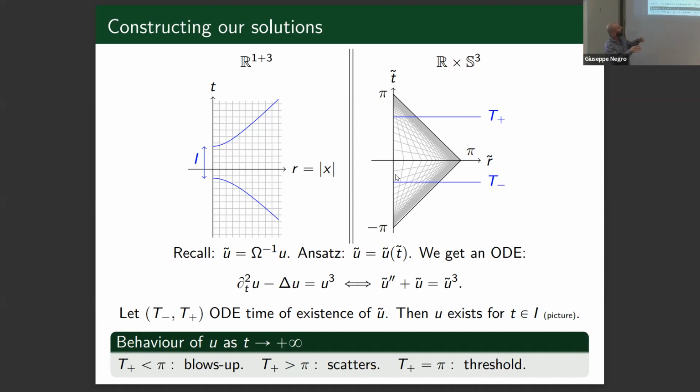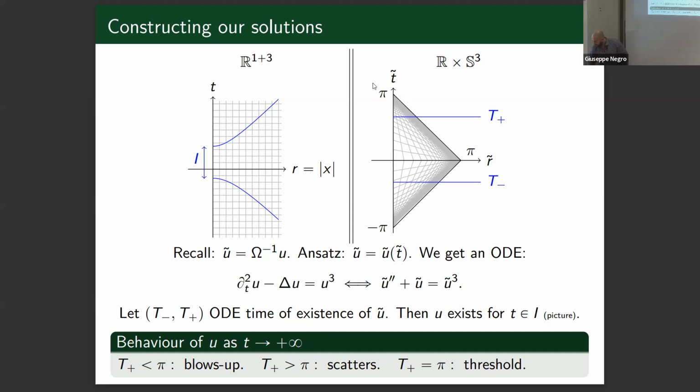If you blow up after pi here, then you are scattering in the original space. I hope this geometry is clear. This line here corresponds to this hyperboloid in the physical space. If you let the line go past pi, the hyperboloid disappears, so you exist for all times.